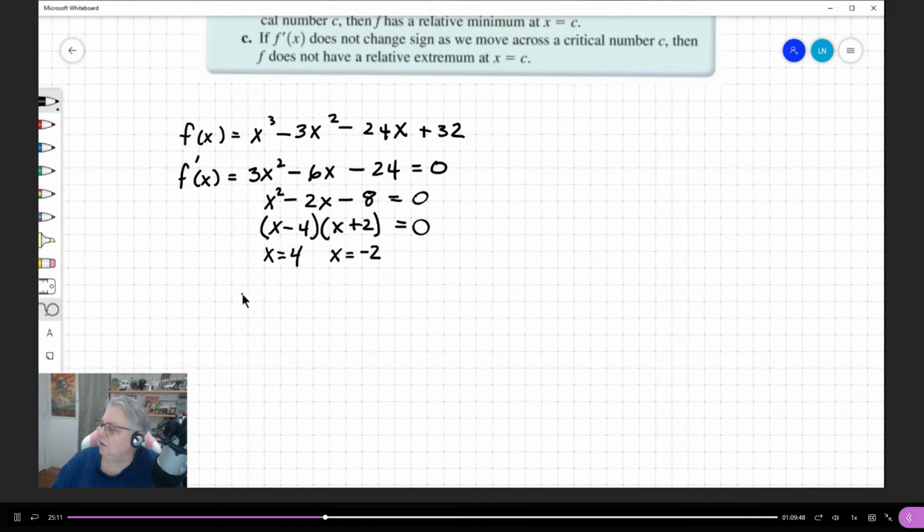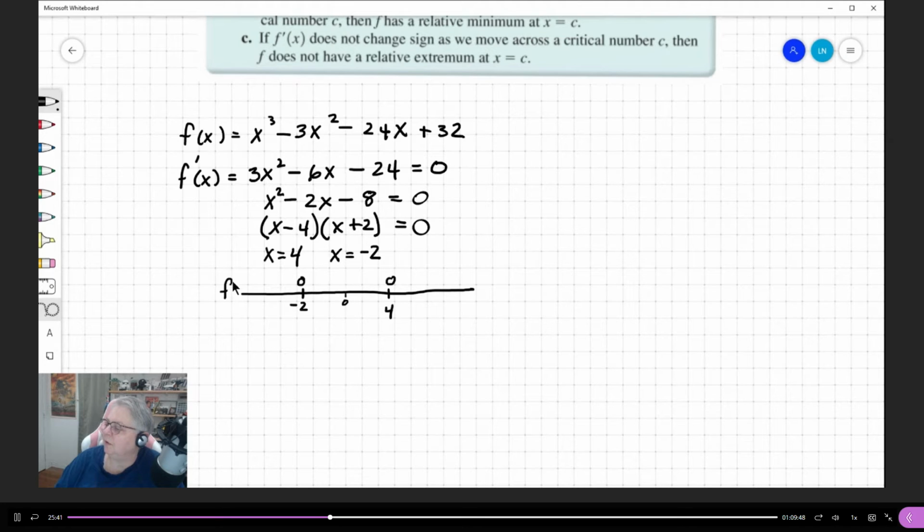All right, now I'm going to use the factored form of the derivative to determine my sign pattern, because dividing out that 3 is not going to change the sign pattern. So my derivative is 0 here and 0 here.